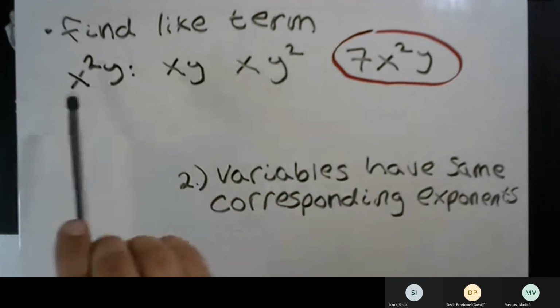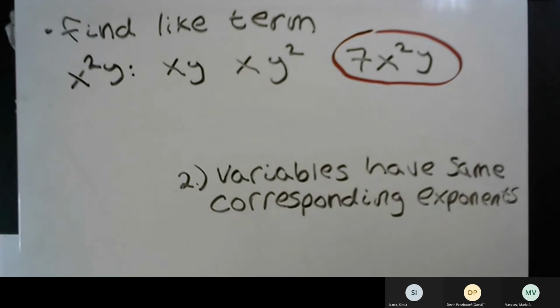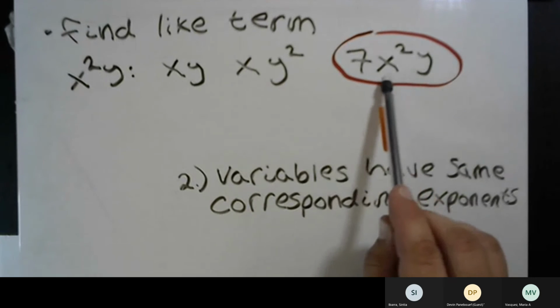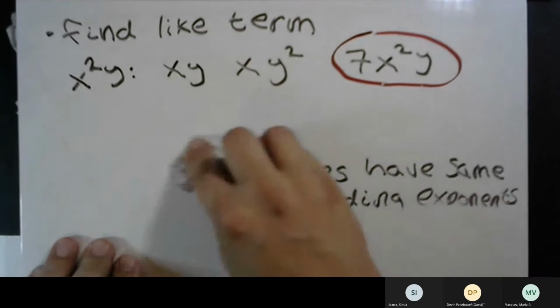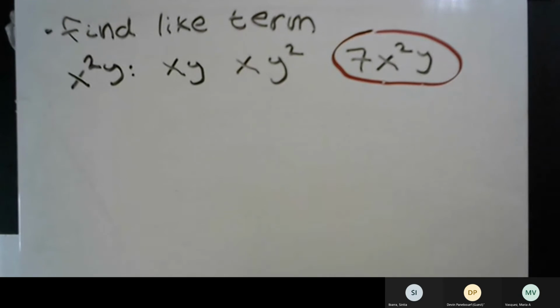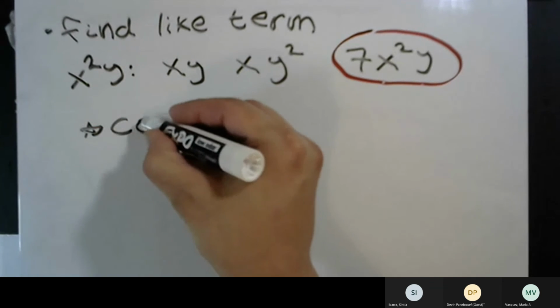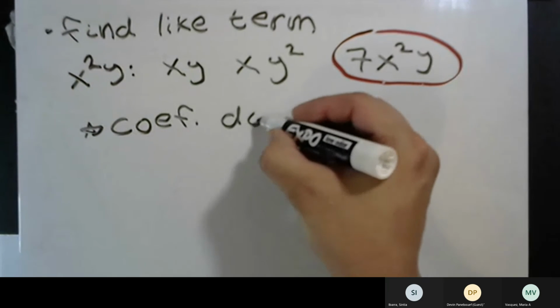Even though this one has a different coefficient, in these there's that invisible 1 for the coefficient. The coefficient doesn't matter. It's just the variable types and the exponents that matter. And so that's why this one is the like term. So just to emphasize, the coefficient, that front number, doesn't matter.